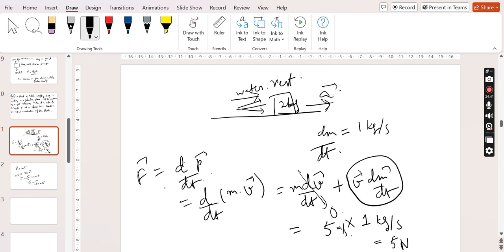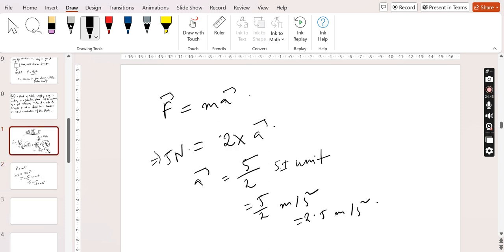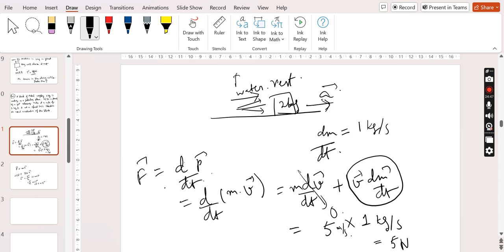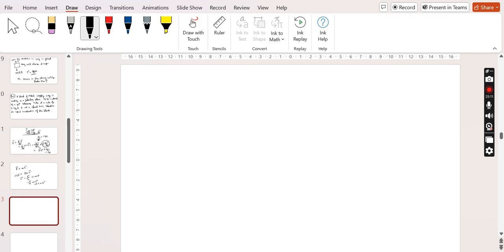We put in the values and got the force, and because of this force, this 2 kg is accelerating. So when we know the force, we can know what force the 2 kg block is facing. So it will have an acceleration, and the acceleration is force by mass. And here we got 2.5 meter per second square.